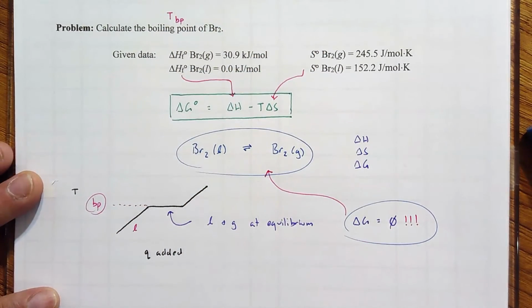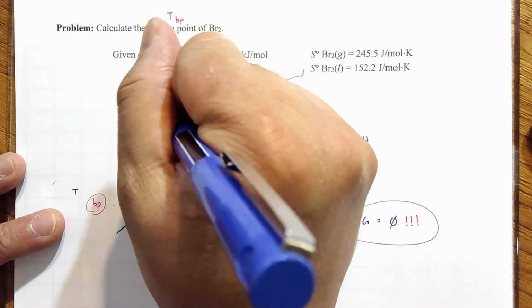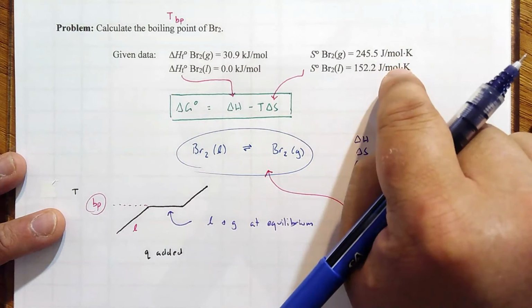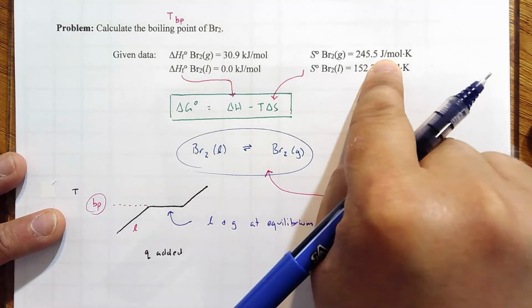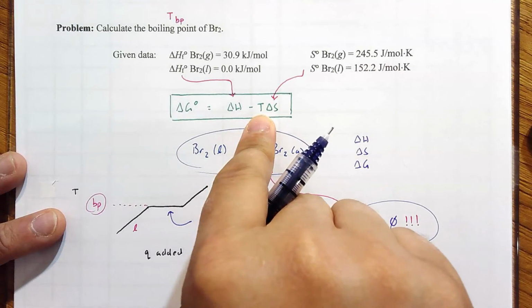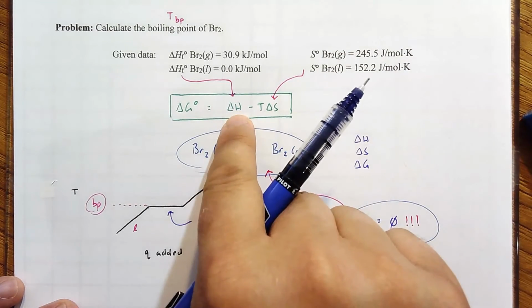Now just be careful. Delta H is in kilojoules per mole. Entropy is in joules per mole K. And again, remember, we're solving for T. So why don't we figure out delta H first?